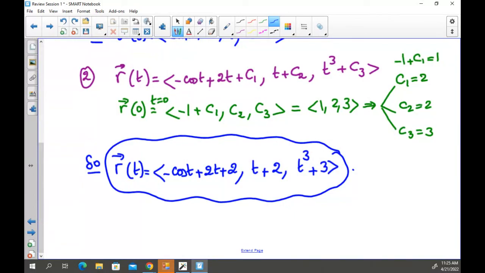Are we okay with this? Is that clear? Easy? You can see really that this Calculus 2 course, if you know the rules and you remember a little bit about Calculus 1, is really not that difficult.